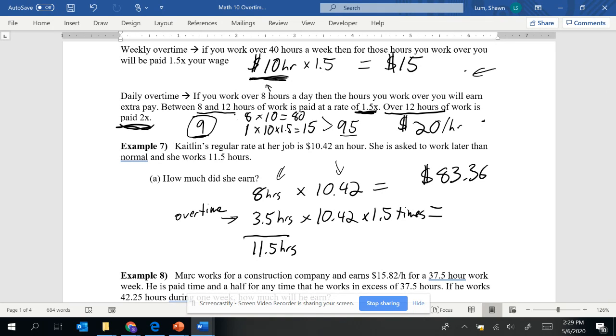And for the second one, I go 3.5 times 10.42 times 1.5 equals, and for these 3.5 hours of work, she made $54.71.